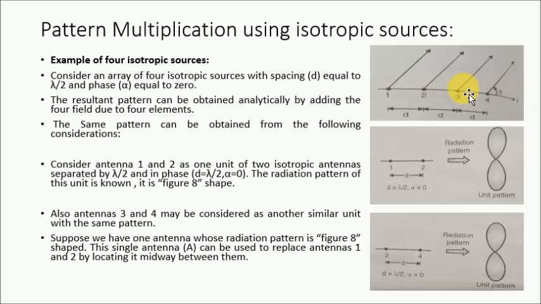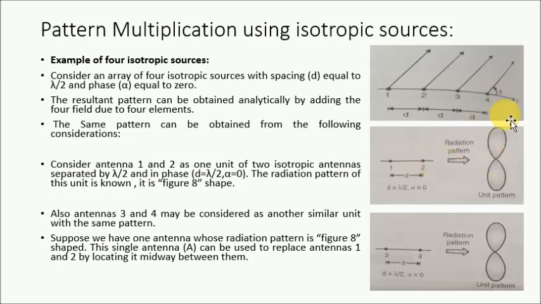We know that if you consider element 1 and element 2, this is simply a 2 element array. In the previous video lecture, we have seen how to find the radiation pattern of a 2 element array when the distance is lambda by 2. We found that when d is lambda by 2 and alpha is 0, the radiation pattern is figure 8 shaped.